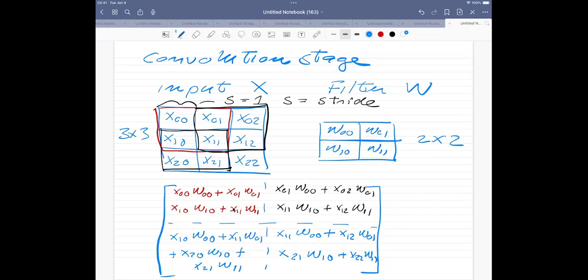So stride 2 is not possible here. But if I had set up a 4x4 matrix, then I could have had stride equal to 2 and stride equal to 1. So this is just something you have to look at with respect to your input data, so that the stride actually matches the dimensionalities.